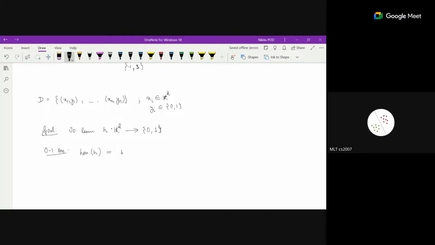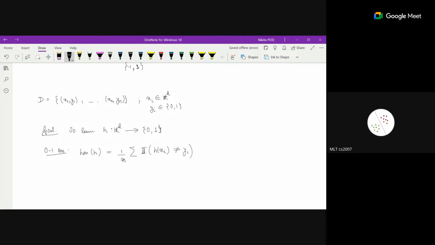If there are a total of n data points, it is 1 divided by n times the sum over all those data points for which h of xi is not equal to yi.